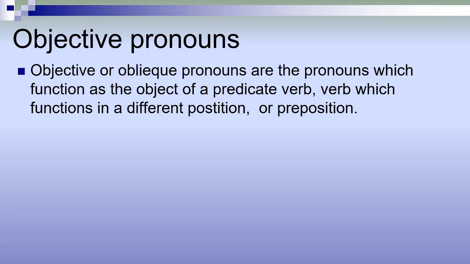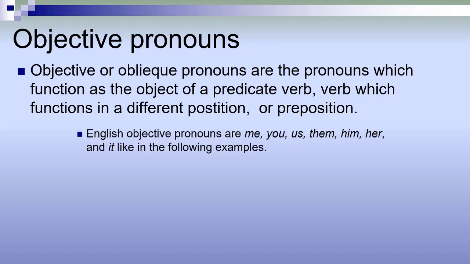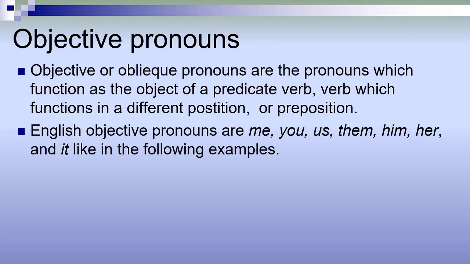Buy here is not the predicate because the predicate is I want to buy it. It can be the object of a verb or the object of a preposition. English objective pronouns are me, you, us, them, him, her, and it, like in the following examples.